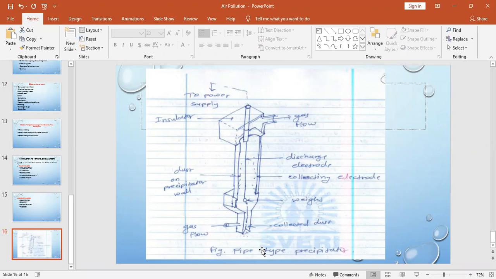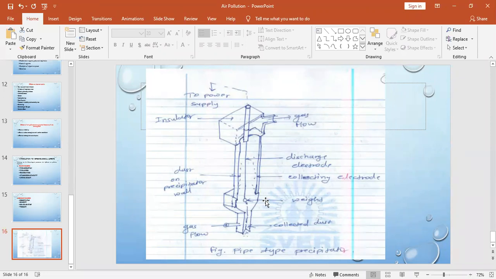Then the next one is the electrostatic precipitator, which is capable of removing particles smaller than 1 micron even. But it doesn't mean that, without giving a prior treatment with the help of a gravity settling chamber or cyclone separator or bag filter, you directly send the gas to the electrostatic precipitator.